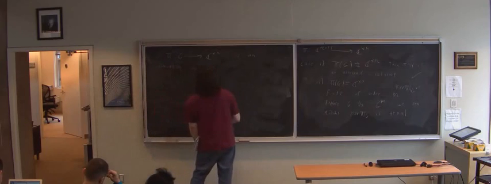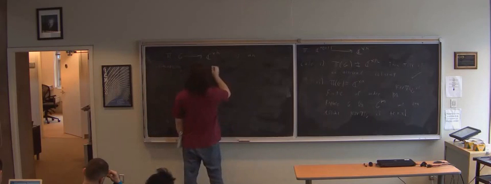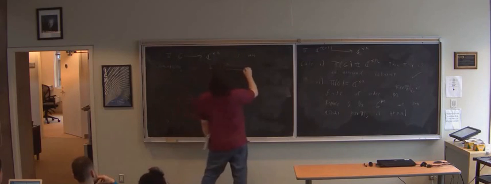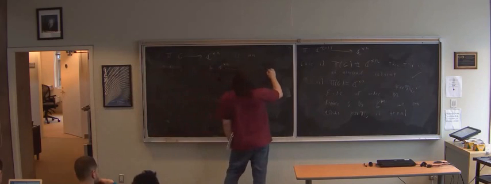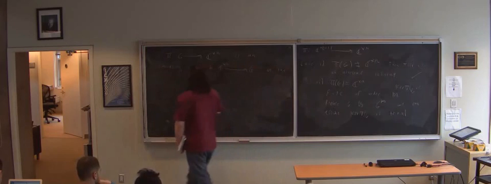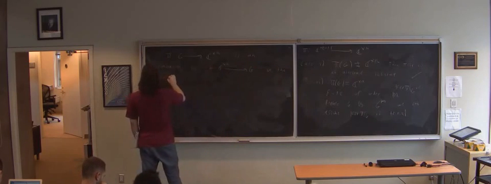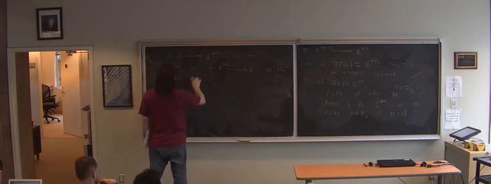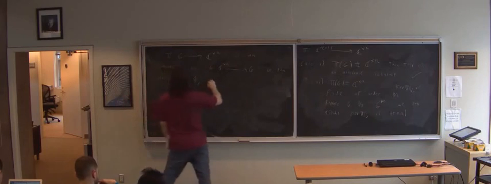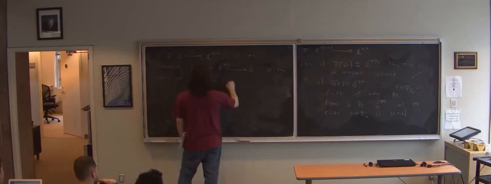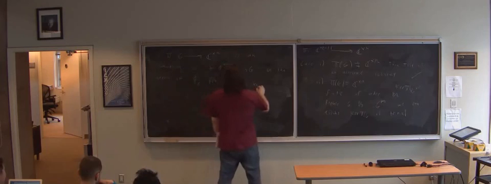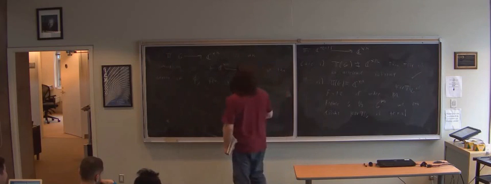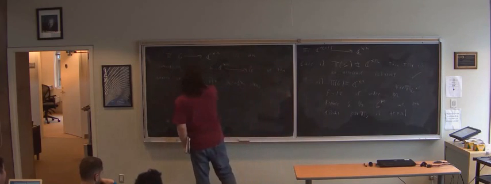So if we let f be the inverse of pi, we can write f of x1 through xn. Well, we know that the first coordinates have to remain the same. You mean pi inverse? Sorry, inverse of pi. There's my phi. Thank you.